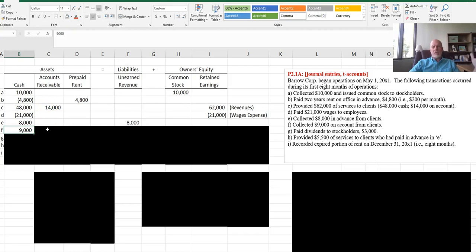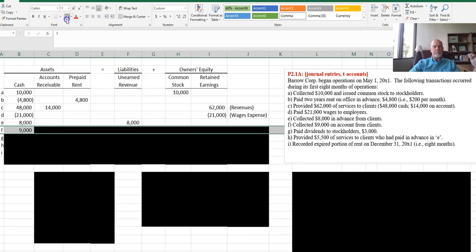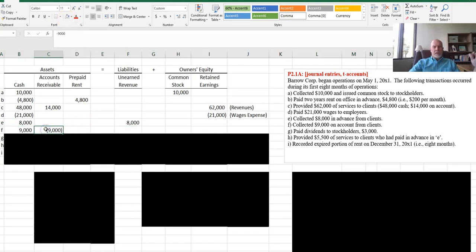The amount that they owe us is coming down because they're paying off that balance. So keep in mind, in these last two transactions, the $8,000 we collected in E was for work that we have not yet done. We are adding that to a liability because we still owe them something. In F, we're collecting money for work that we had already done, so that reduces what they owe us.